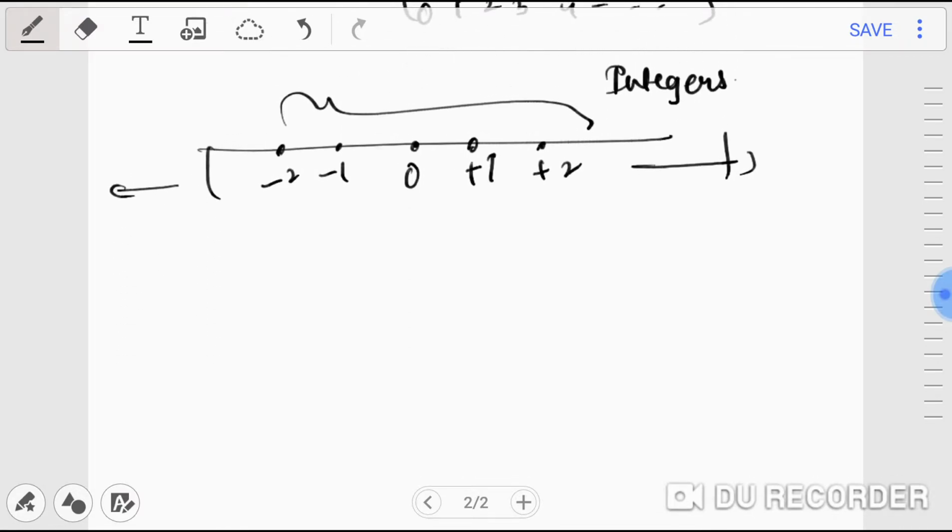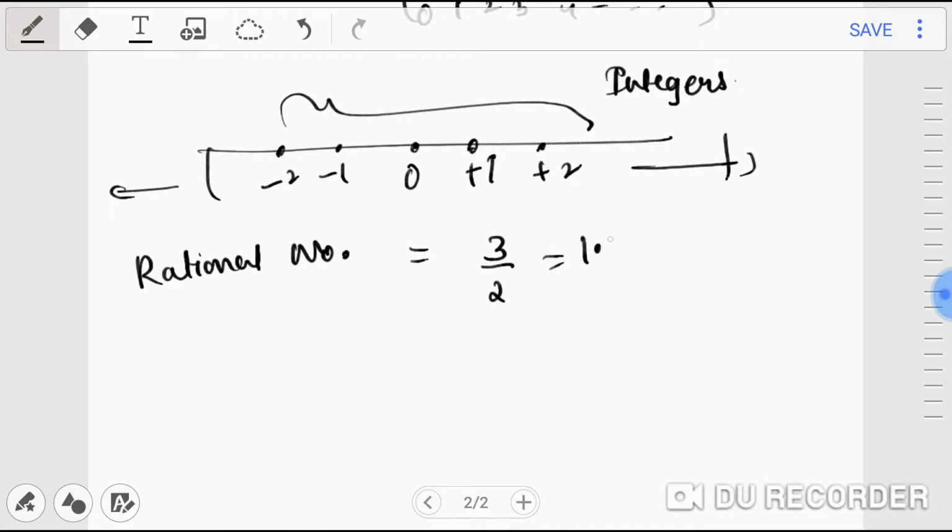So what do we mean by rational numbers? Rational numbers are the numbers which do not have an exact whole number as an answer. For example, if I give you 3 upon 2, what you will get is 1.5.